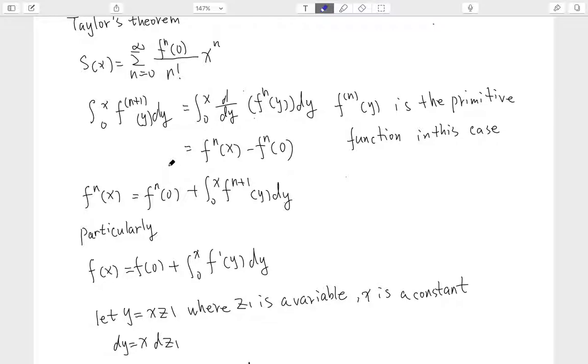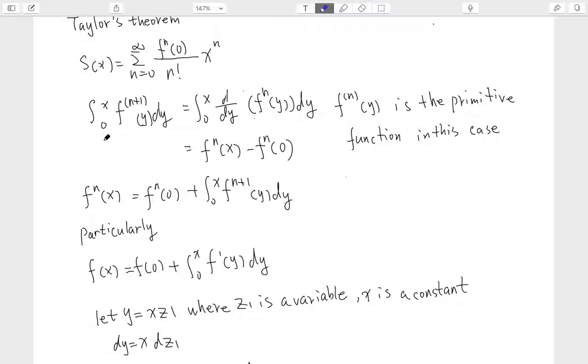Let us just review a basic tool. What we have got is that when you are trying to do an integral, say in this example, we want to find the integral of a function f's (n plus 1)th derivative from the interval 0 to x.